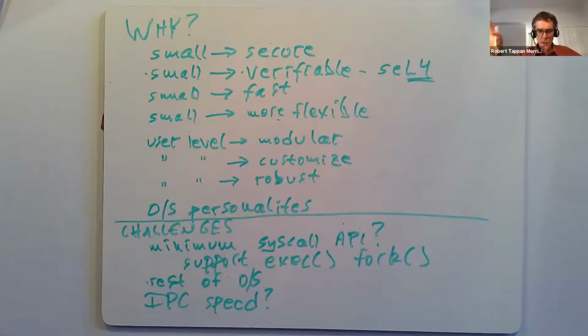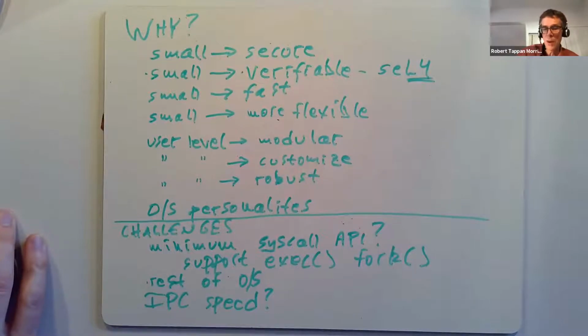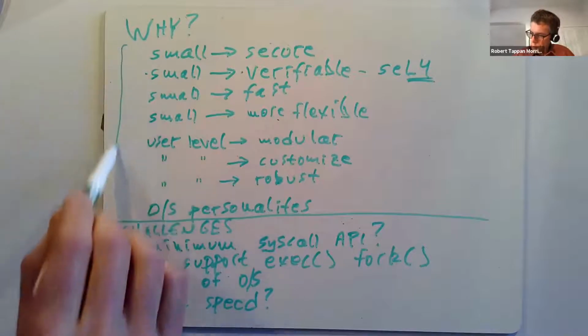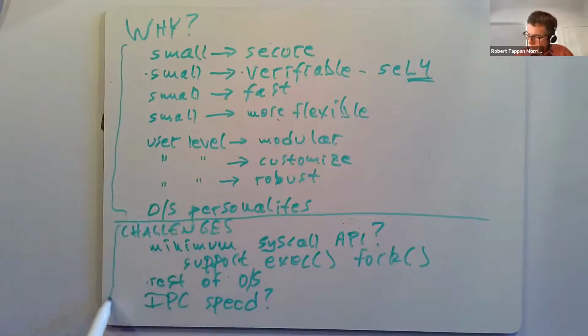If you require all those things to be split out into separate servers, or split between a kernel and user level, there may be fewer opportunities for optimization by way of integration, and that may or may not end up hurting performance. So these are cross-cutting hoped-for wins and challenges that all the many microkernel projects faced.